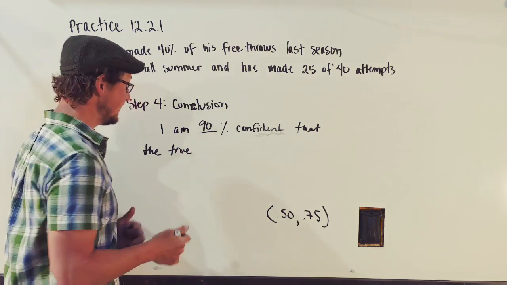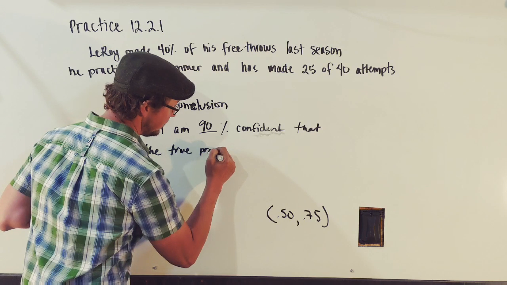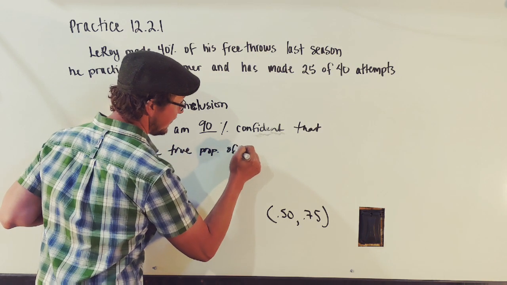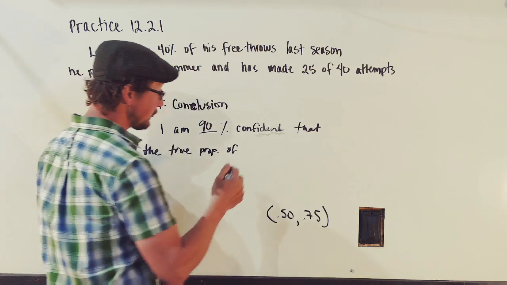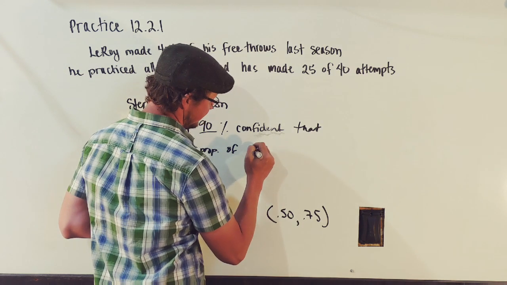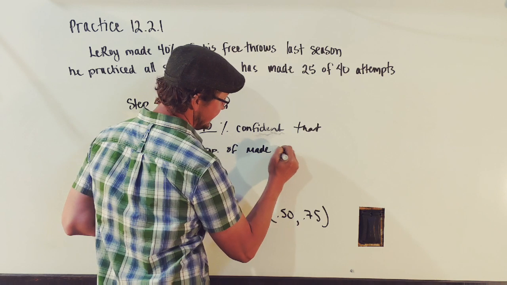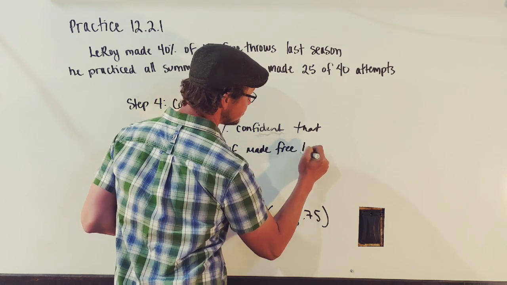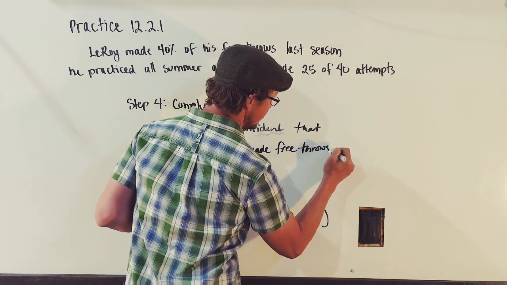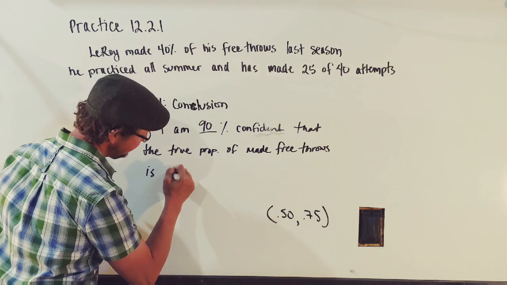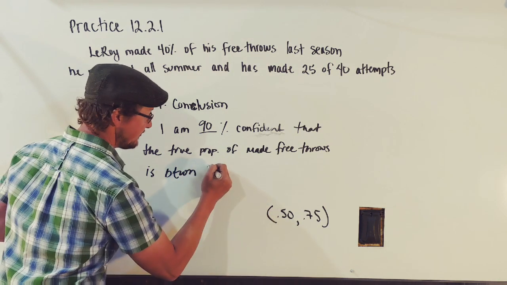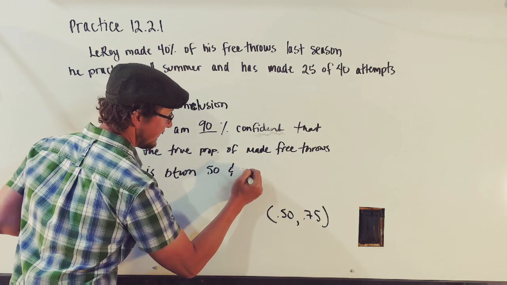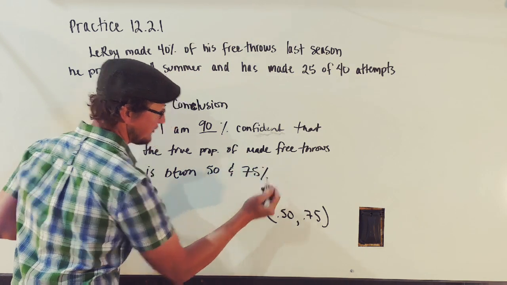We're talking about proportions, not means, so I'm going to say the true proportion of the context here. We're looking for made free throws is between, here we have 50 and 75%.